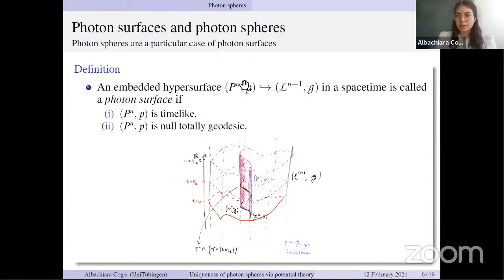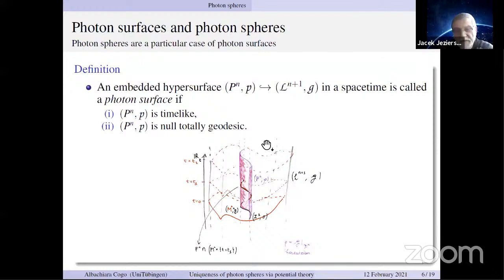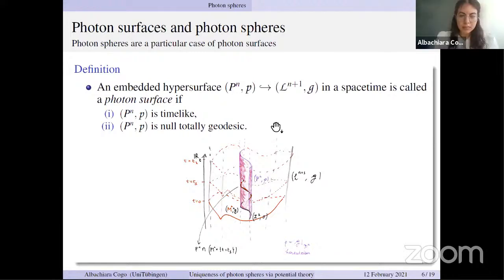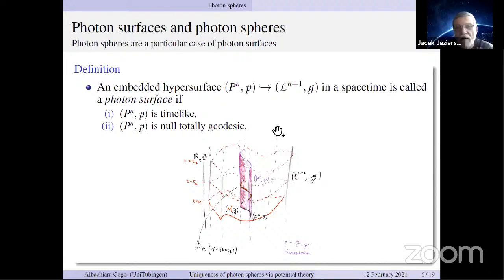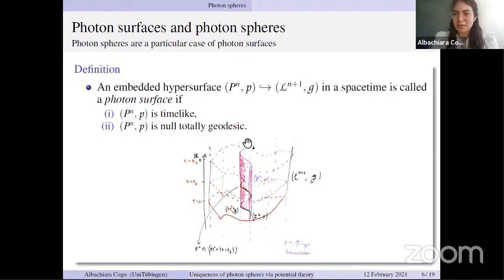And then if we consider taking a null geodesic in the ambient space, then it's also a geodesic in our photon surface. Okay, I understand this definition, but can you transfer this definition to the extrinsic curvature condition? This is my question. That some component, maybe this null component of extrinsic curvature vanishes, or something like that.